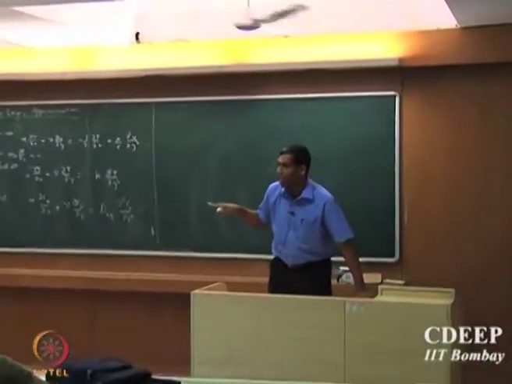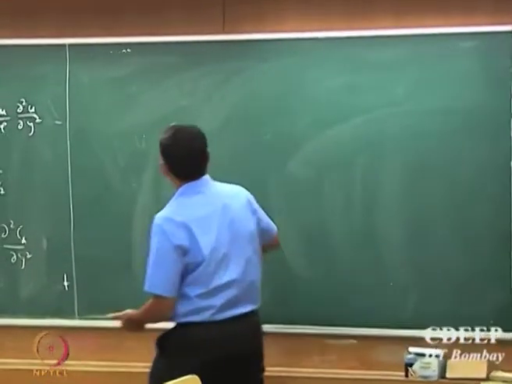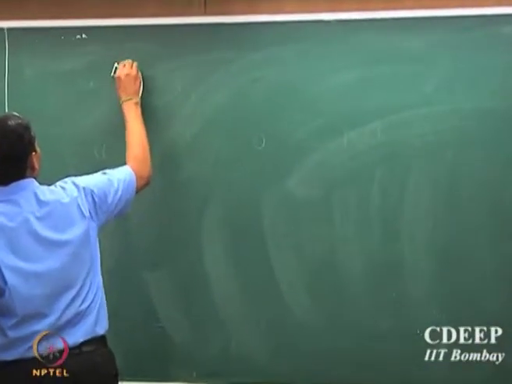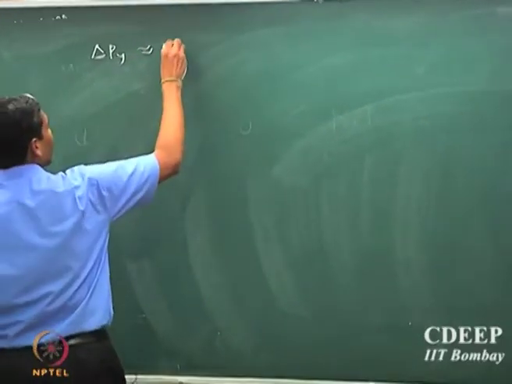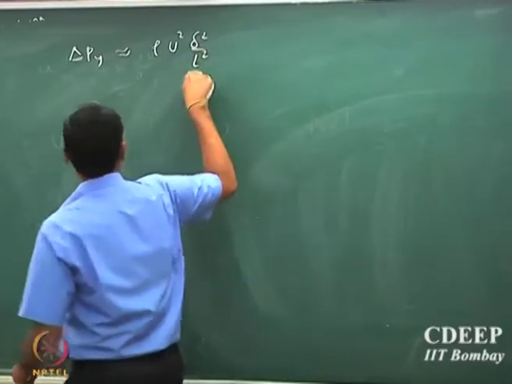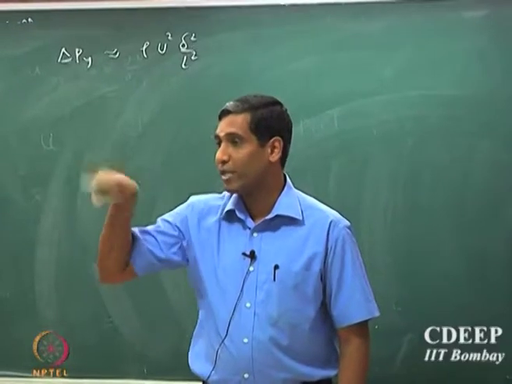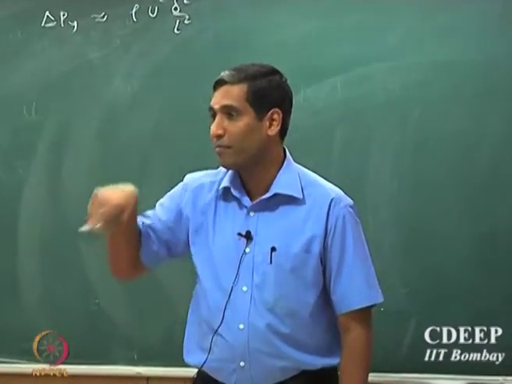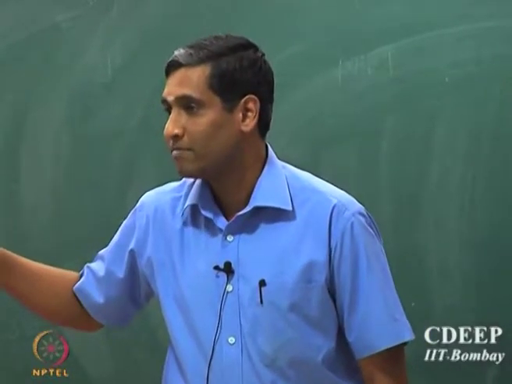If all of them are of equal order of magnitude, and because delta Py scales as rho into u square delta square by L square, you expect that it should be constant, and that is because the scaling of dP by dy has a 1 by delta. So all of them are of the same order of magnitude.